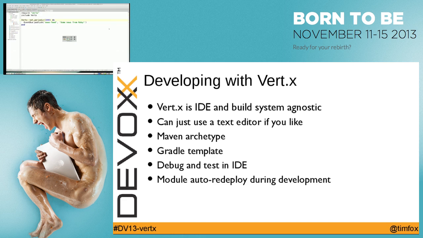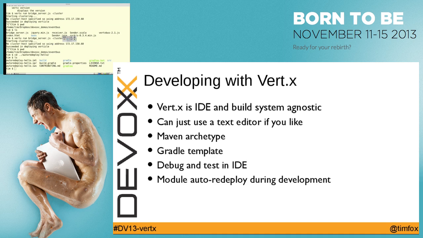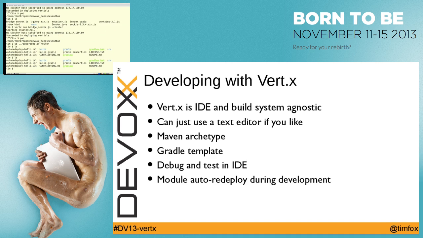So I've got IntelliJ running here. It's just a simple project, which, again, creates a module which does the same thing as before. It publishes to that newsfeed, this time written in Ruby. So every second, it's going to publish to that newsfeed. This is a Gradle project in IntelliJ IDEA. So let's run that. We have a Gradle target that can be used to run a module from the resources in the IDE.